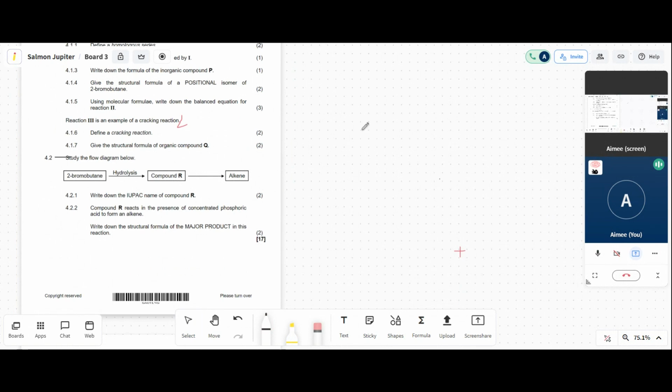So you're going to start with your butan-2-ol. This is the butan-2-ol that we just named from 4.2.1. It's an elimination reaction, which means things are being removed to form a double bond. And you're basically going to be removing an OH and an H. Okay?